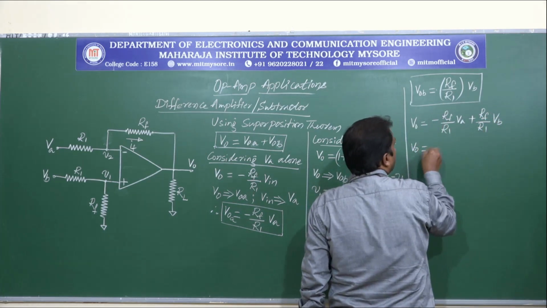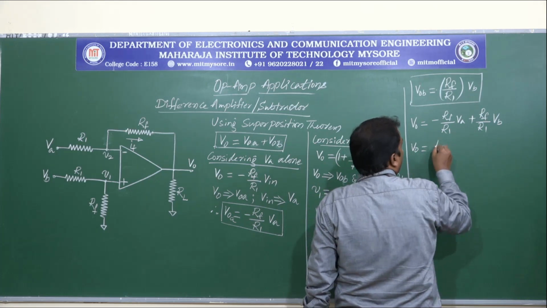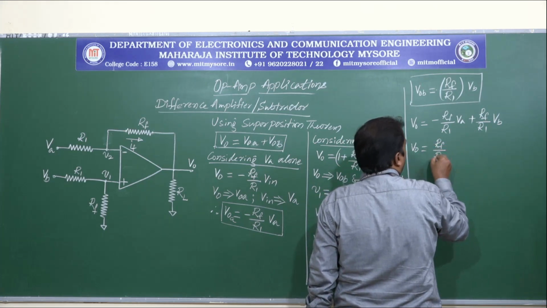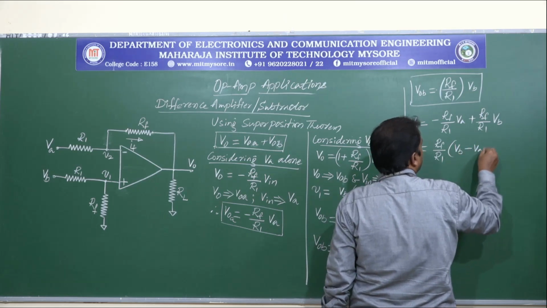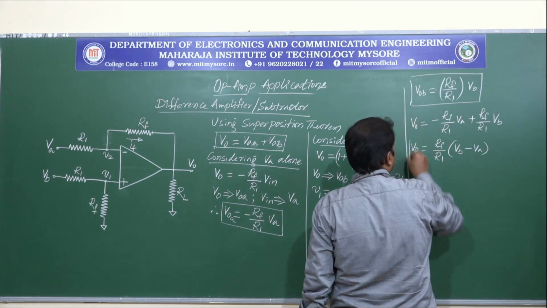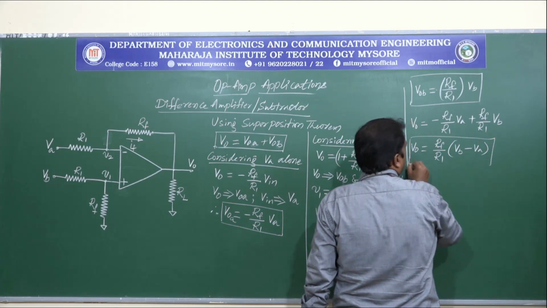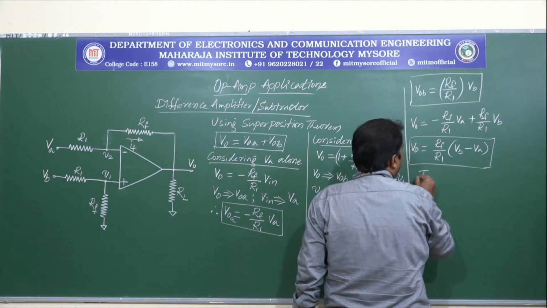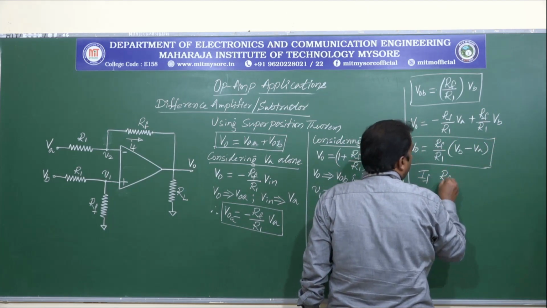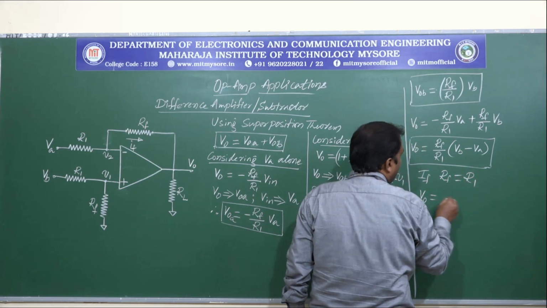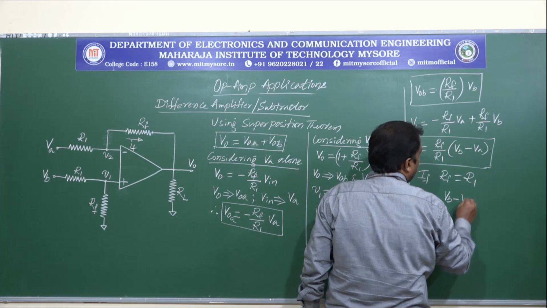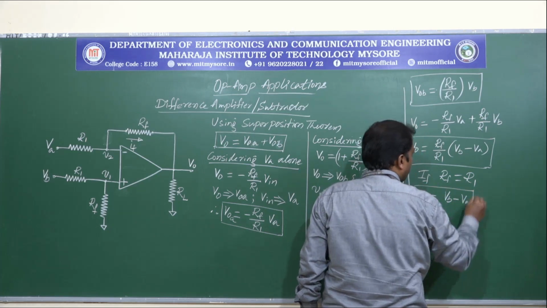So V naught can be written as RF by R1 into VB minus VA. Now if we equate the RF and R1 values, then V naught will be equal to VB minus VA.